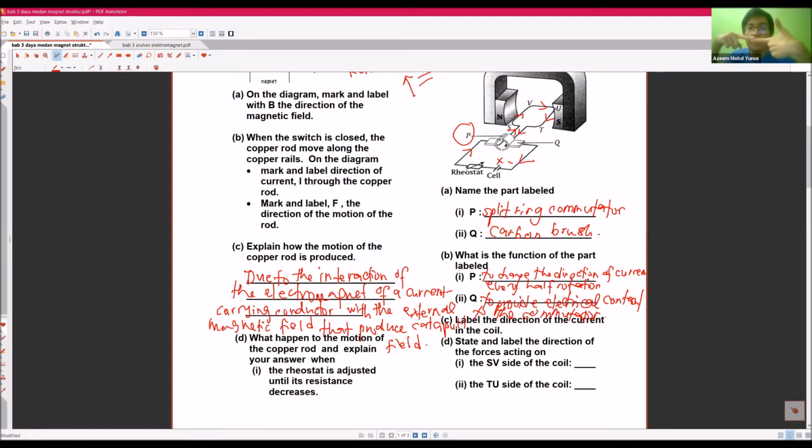First step, align your magnetic field to the south pole, which is on the right, and then the current is currently into my eyes. We already drew the SV current into the page, so we just point into the page and make sure that you retain the direction of the south pole, so the force is down.